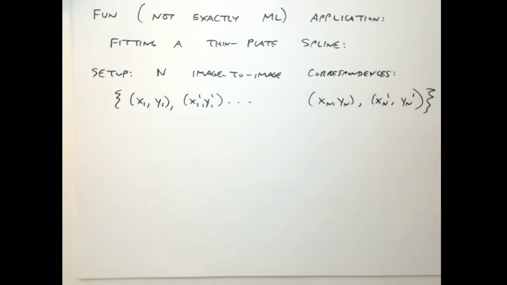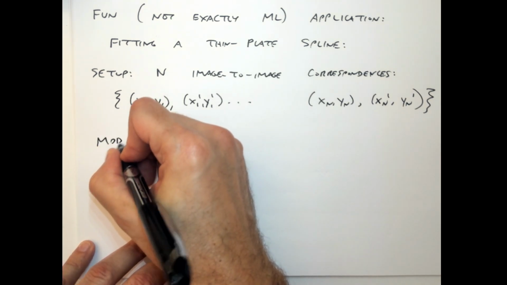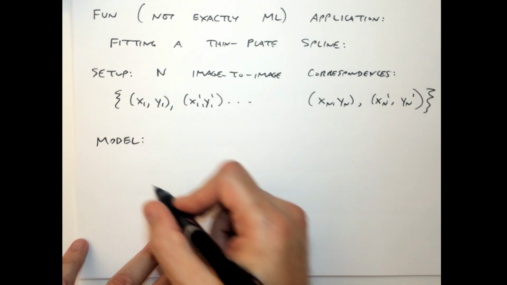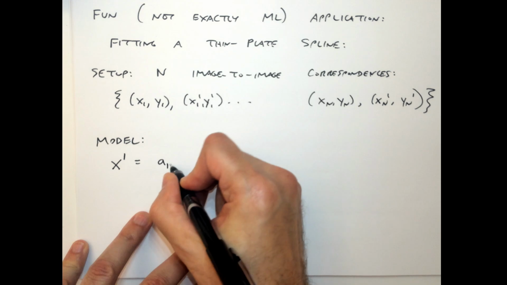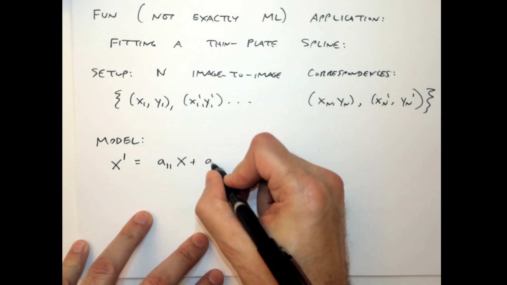And then I have a model, right? My model is that the x prime location has these basis functions.